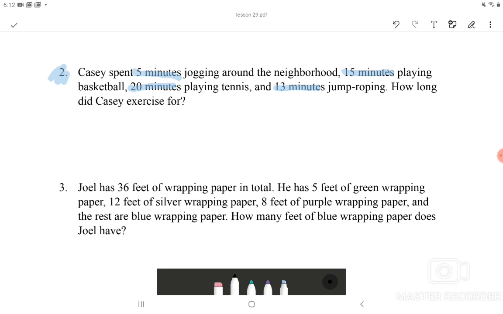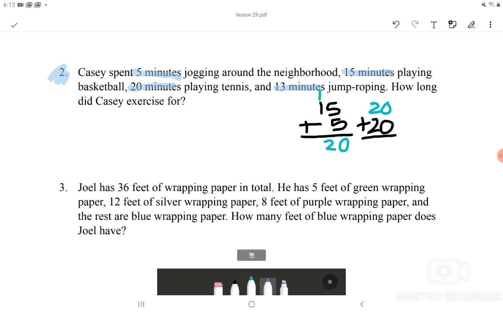Let's start by adding 15 and 5. 5 plus 5 is 10, so we will put 1 over here and 0 over here. 1 plus 1 is 2, so we have 20. Now 20 plus 20: 0 plus 0 is 0, and 2 plus 2 is 4.